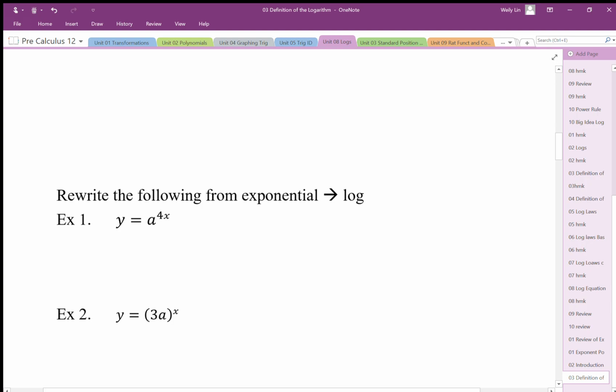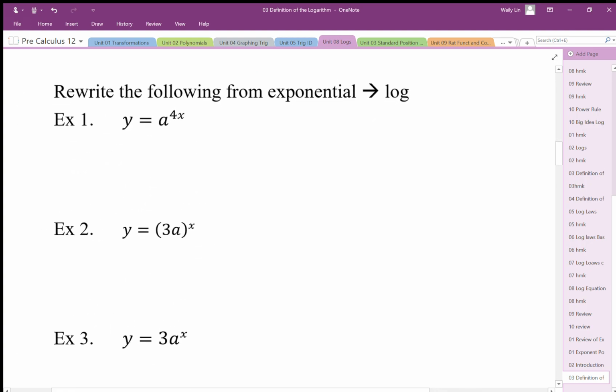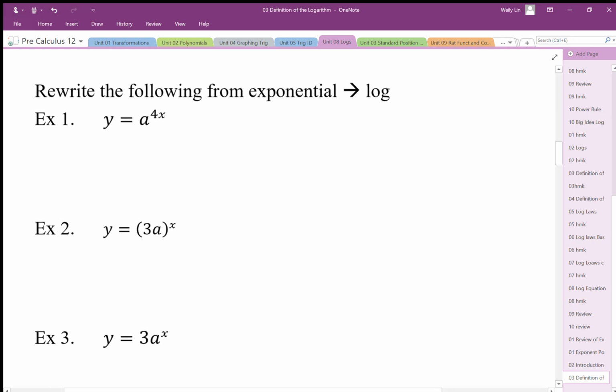So again, we really want to make sure that we are clear how we can write a log before we actually use the log. This exponential form has an equivalent log form. In the log form, the base has to stay the same. But for logs, the log always is equal to the exponent.